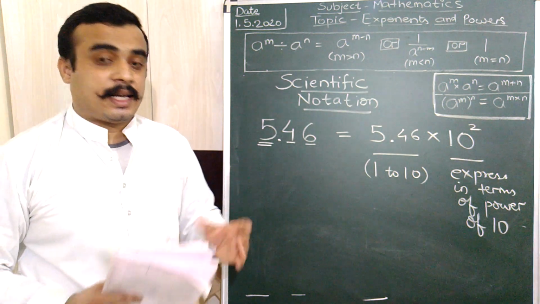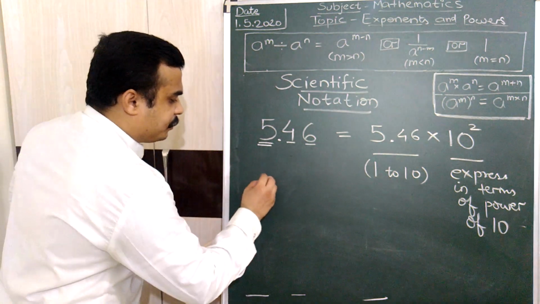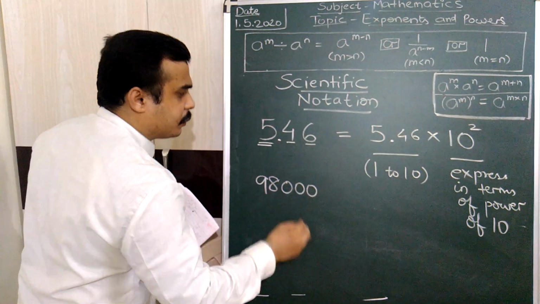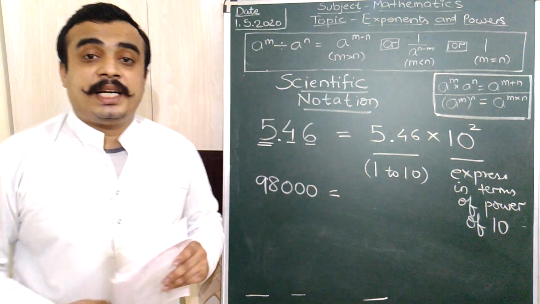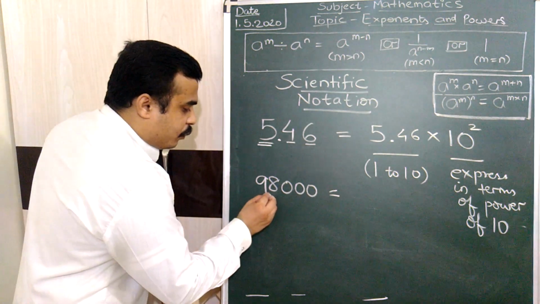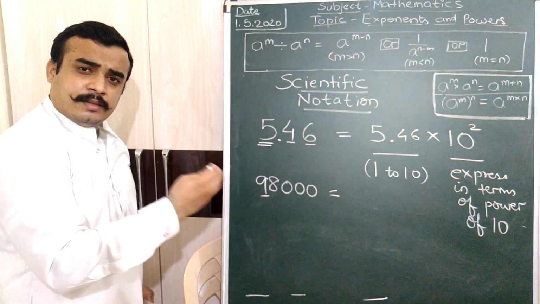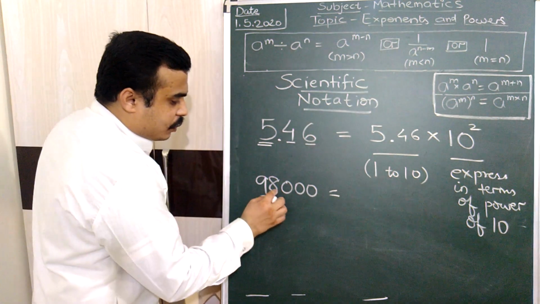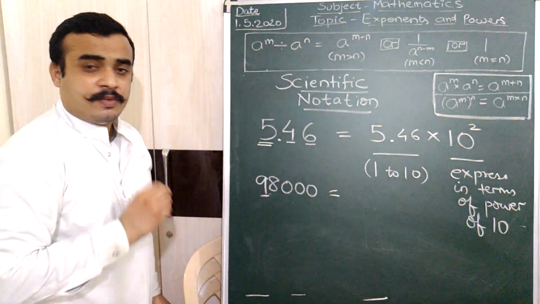Now let's have another example. Suppose we have 98000. Now we have to write its scientific notation. So as we know, we have to leave the first digit, then put the decimal point. So we have 1, 2, 3, 4 places.